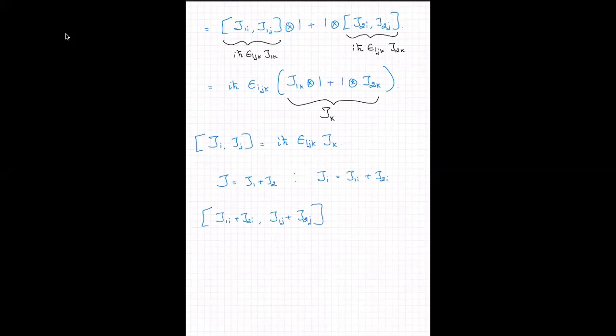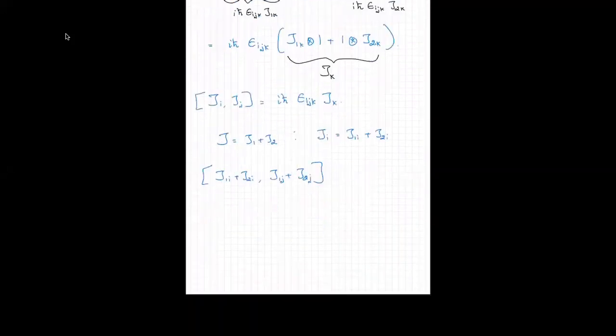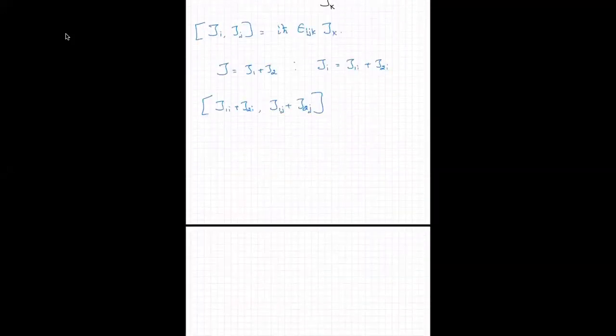And I would have quickly realized that J1I and J2J commute, and J2I and J1J commute because they are in different Hilbert spaces. So the only non-vanishing commutators here are [J1I, J1J] plus [J2I, J2J], and you can quickly show that this is equal to i h bar epsilon ijk Jk.